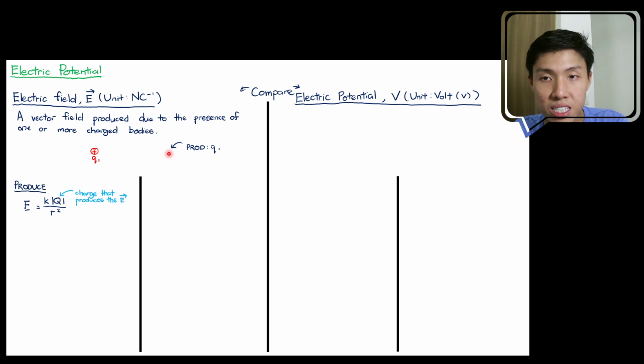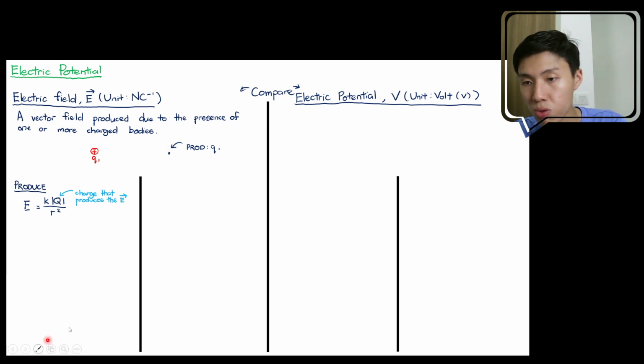Since this point is around Q1, this point has an electric field that is produced by Q1. This is the only charge here, so if you want to know the electric field at this point, you just put Q1 into the equation because Q1 is the charge producing the electric field. Then we find the distance over here, substitute everything, and we can find the strength of the electric field at this position.